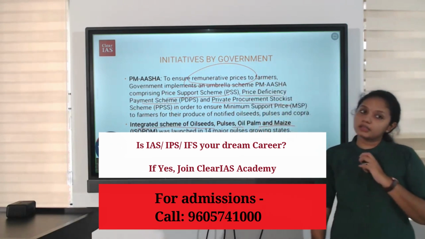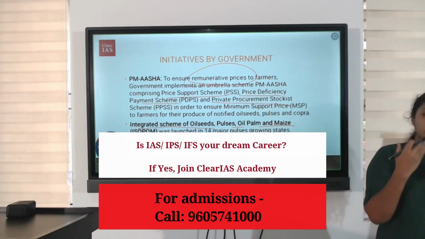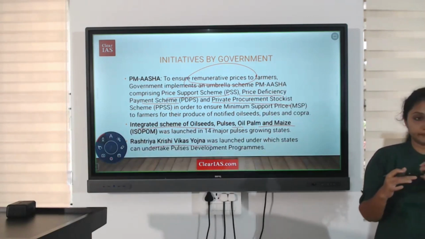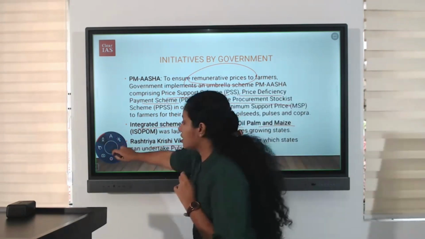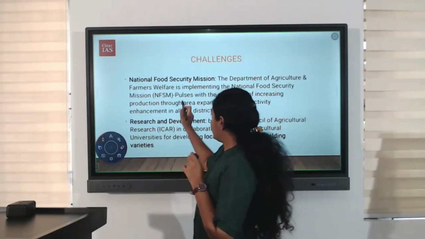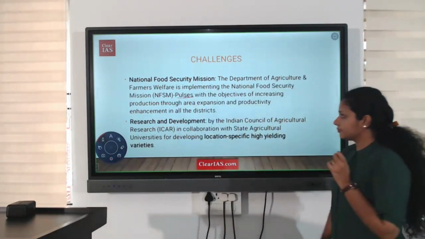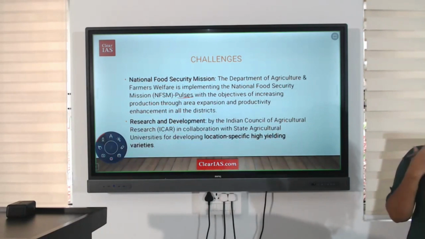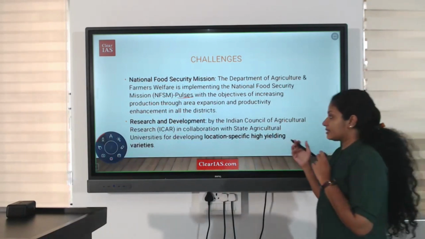It also was one of the major initiatives towards increasing cultivation of pulses. Next one is National Food Security Mission for pulses. Okay. Here also the increase in areas of expansion and also productivity for increasing the pulses cultivation were emphasized.